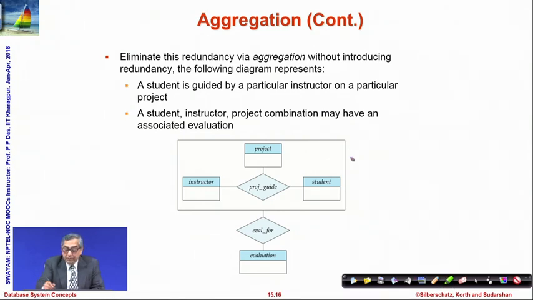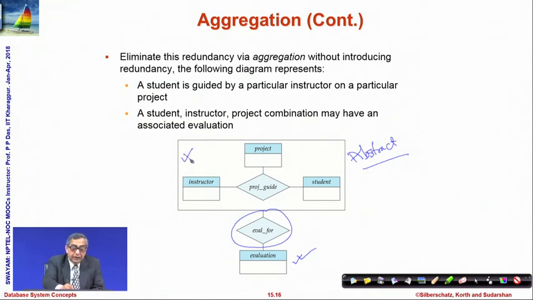This is the abstract project guide entity set, which is an abstract entity set because it is actually a relationship, and that relates to eval for, which on the other side has the evaluation. So, what will happen is a student guided by a particular instructor in a particular project will feature in this abstract entity set, which relates the 3 entity sets, project, student and instructor.